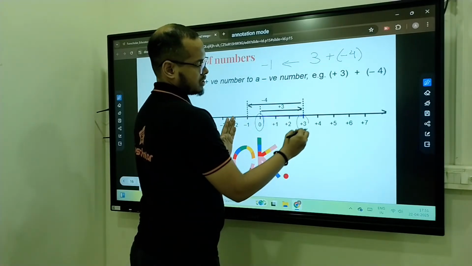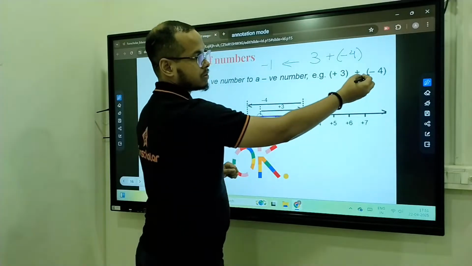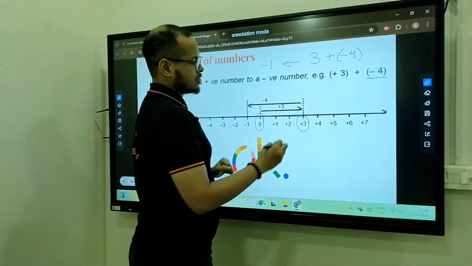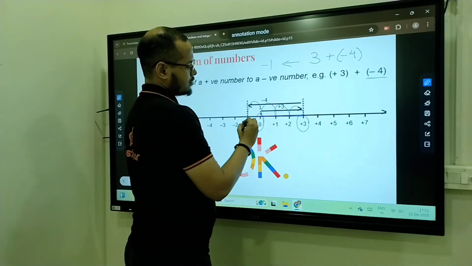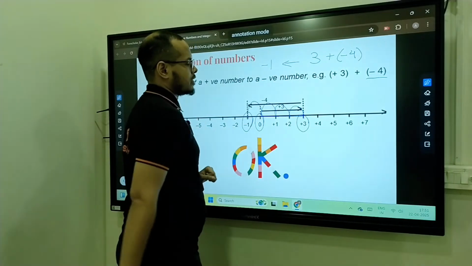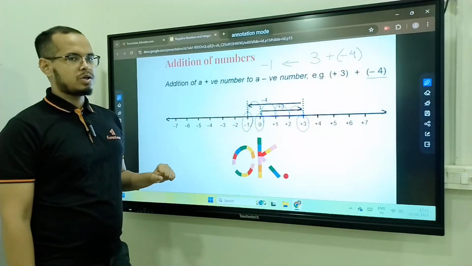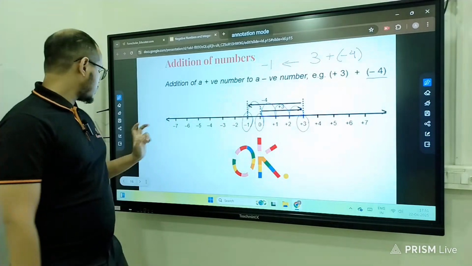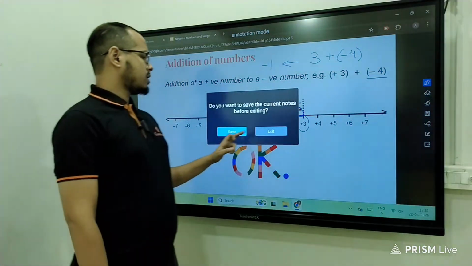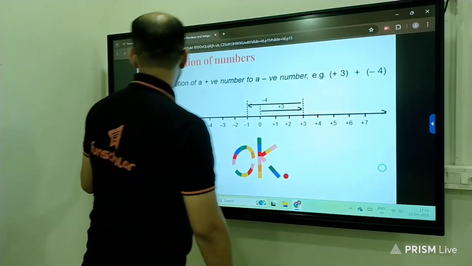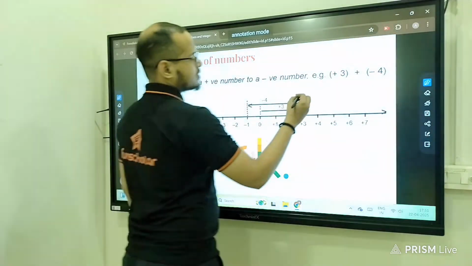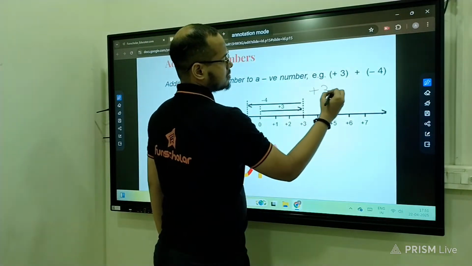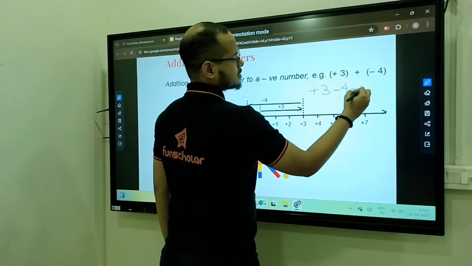So I got plus 3. From plus 3, I have to move 4 places to the negative side: 1, 2, 3, and 4. So we got the answer -1. This is how we are going to do this particular sum. This sum can also be done in a different manner. Now we all know that if we do plus 3 minus 4, it is going to give us minus 1.